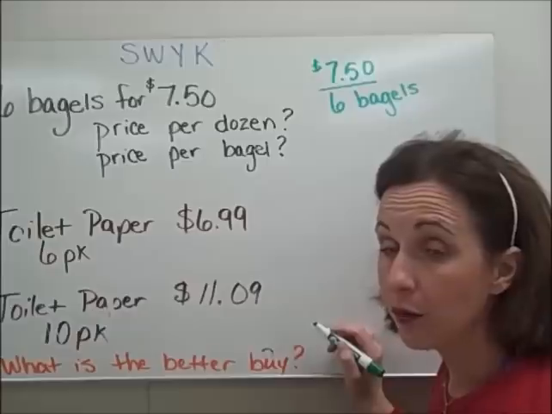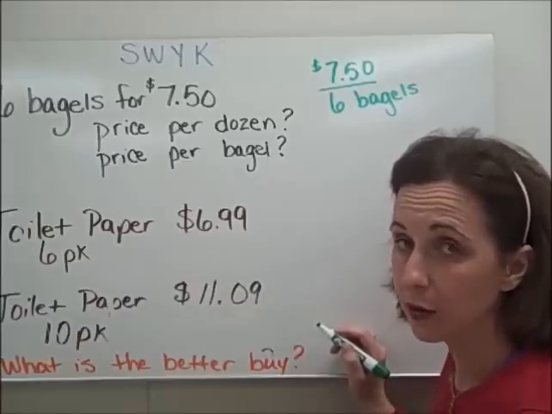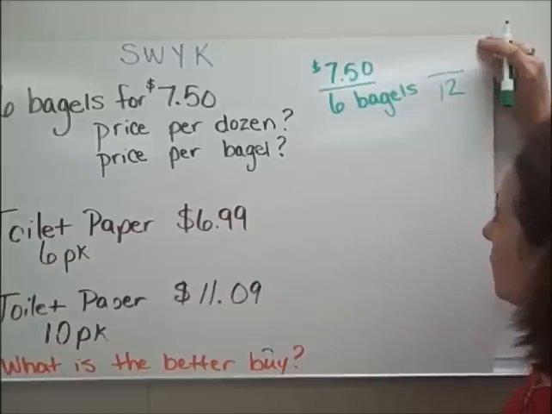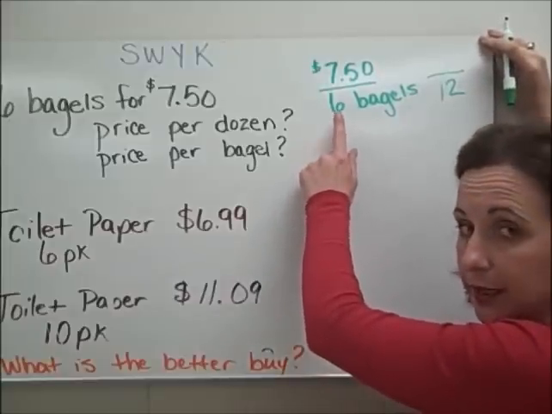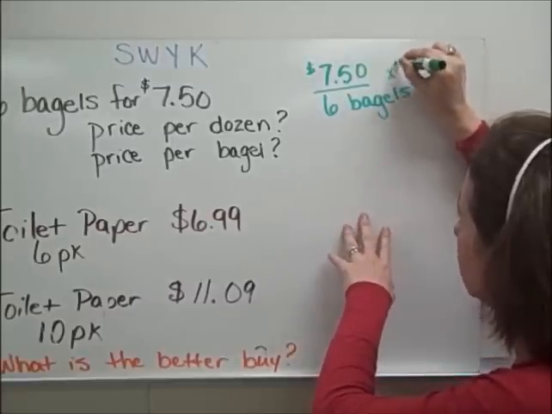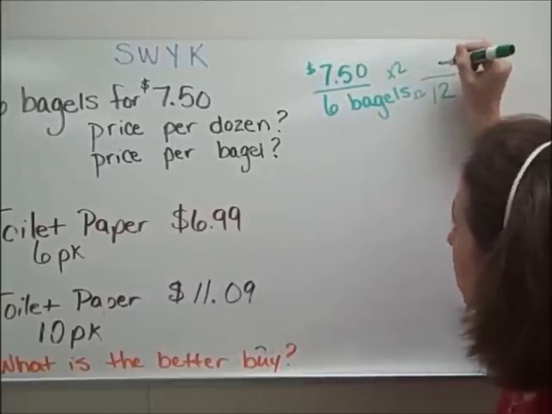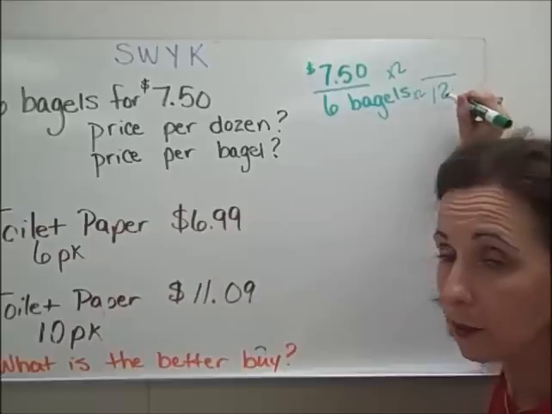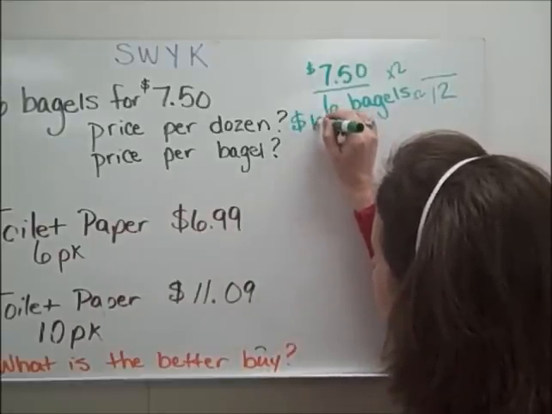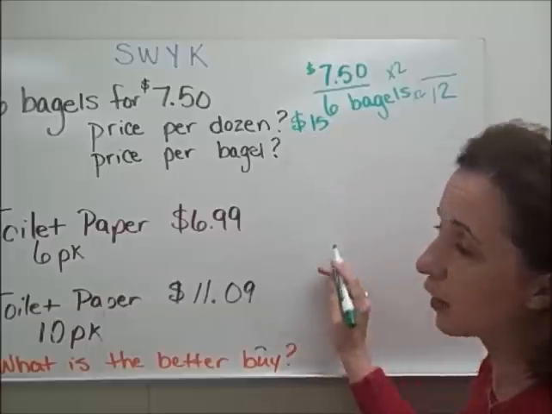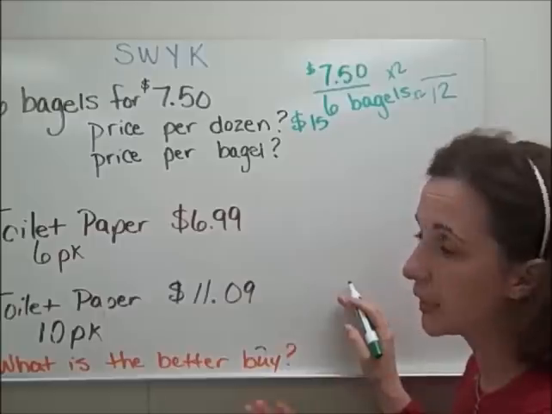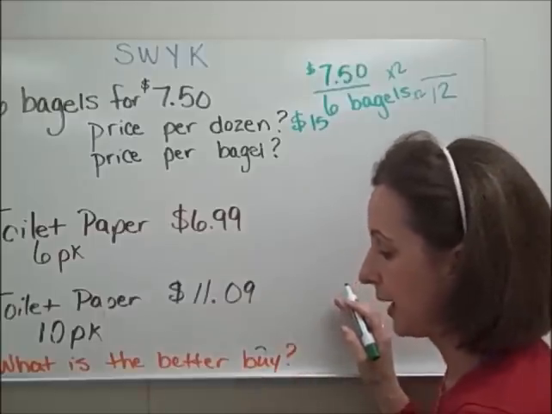Well, I know that there are 12 bagels in a dozen. So because 6 times 2 is 12, $7.50 times 2 would tell me the price per dozen. And $7.50 times 2 is $15. So $15 per dozen.